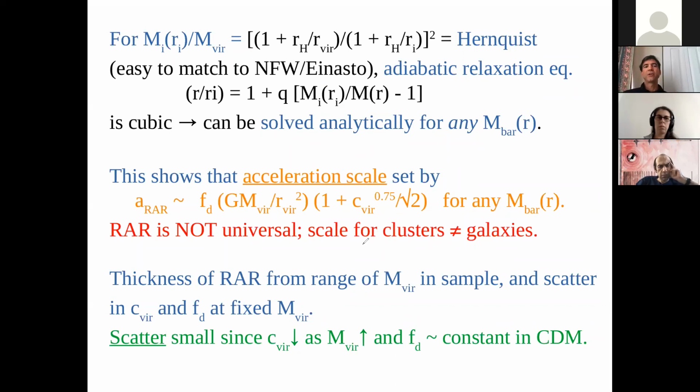And so we were able to split it into two pieces. By realizing that it's just a cubic equation, the cubic equation sets a scale for you. And so what this scale is really telling you is, what is it about the dark matter that matters?